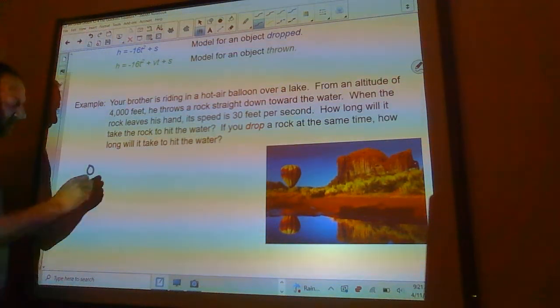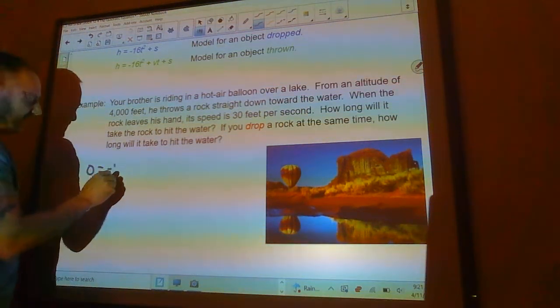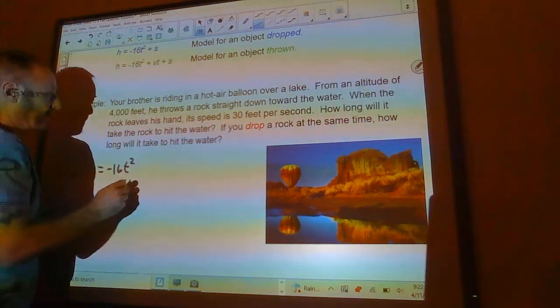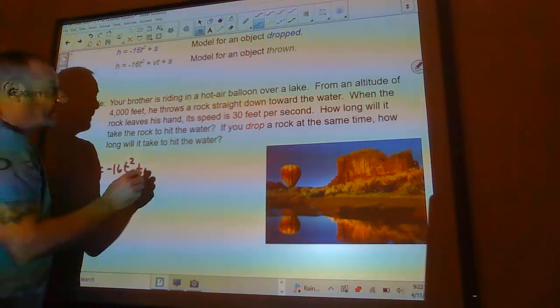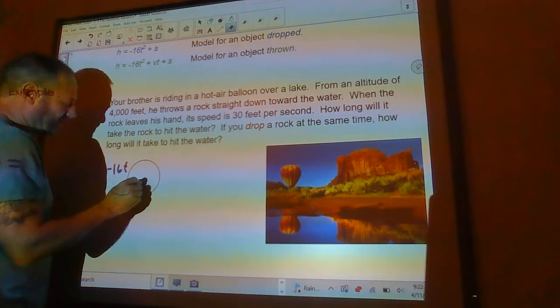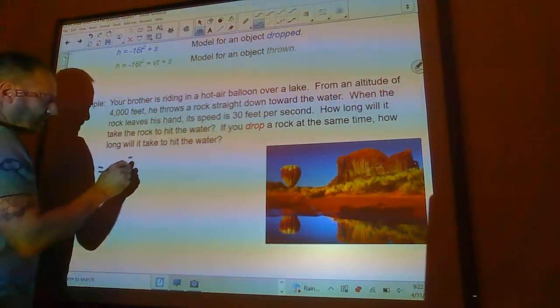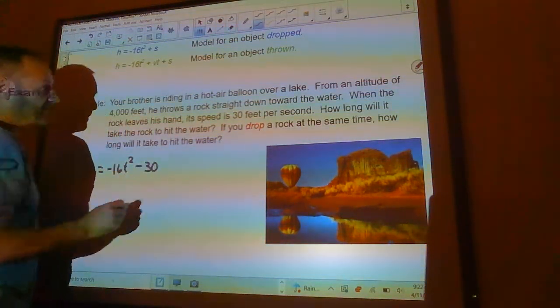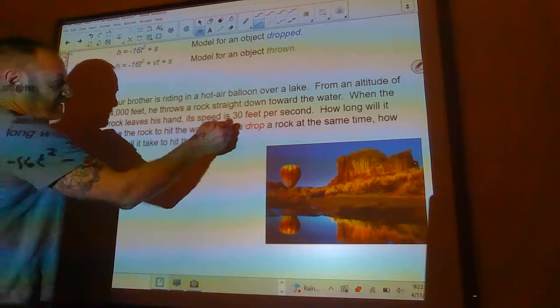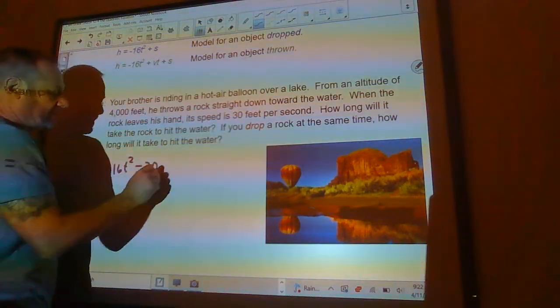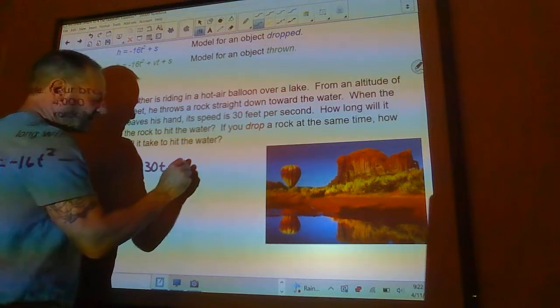That's going to have a height of 0. It's going to be negative 16 T squared minus 30, because it's throwing down at 30 feet per second, times T plus 4,000.